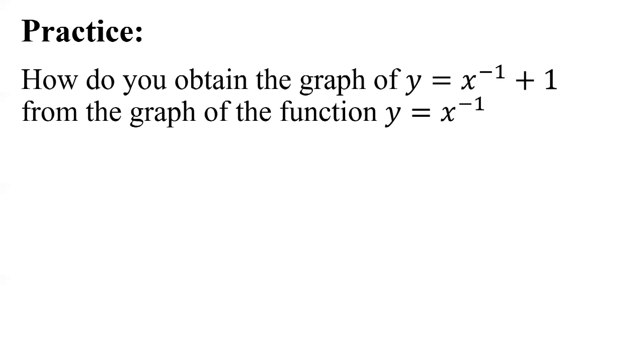All right, have we finished? So how do we obtain the new graph from the graph of the original function? So as you can see here, we add a factor of 1 to the original function, right? So that means we need to translate the original function up by 1 unit, right? So the solution is simply easy.